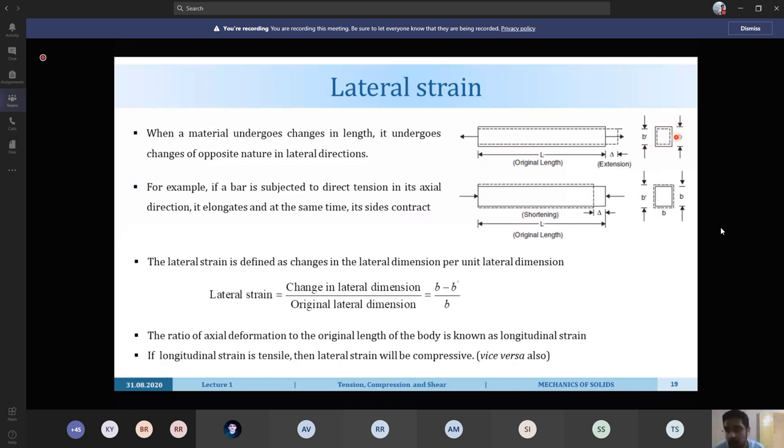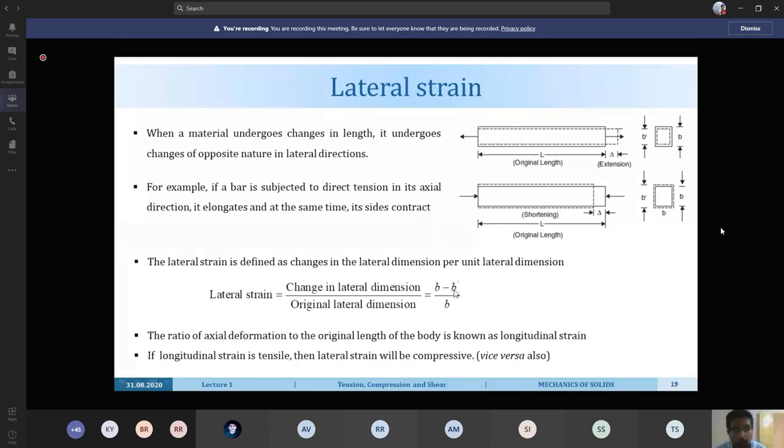Initially it was B, and now in the dotted line it becomes B dash. When we consider the longitudinal strain, we consider the ratio of this delta by L. But lateral strain considers the change in this depth, along the lateral dimension. So it will be B dash minus B, divided by the original lateral dimension B.